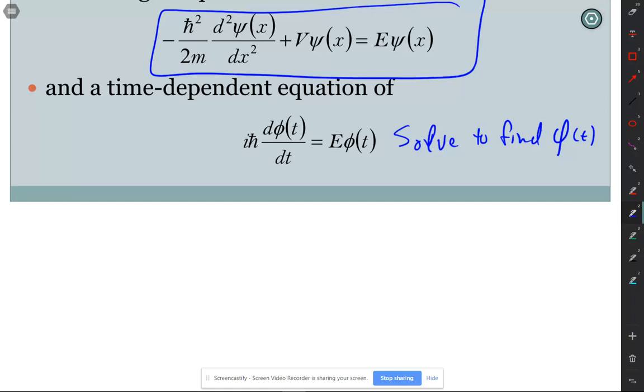Considering E to be a variable? No, E is a constant. So time and function. The function phi, right. I asked you the question that seems simple because, yeah, it's a function. Is that a variable? As far as the differential equation is concerned, yes.